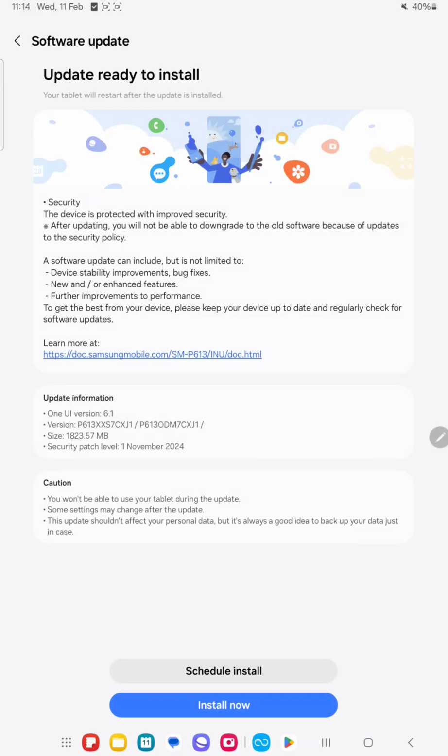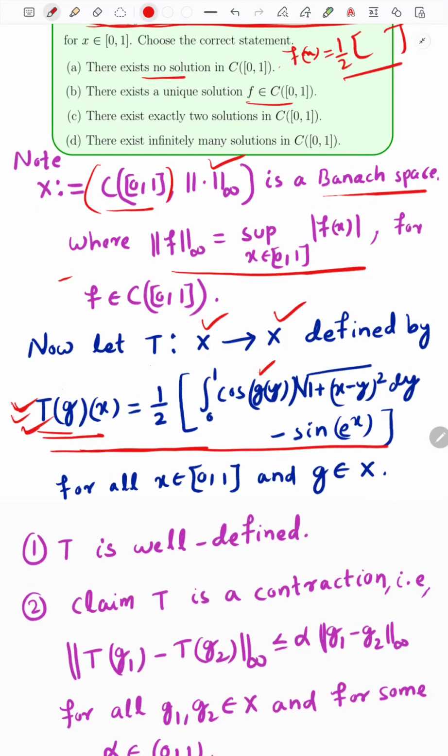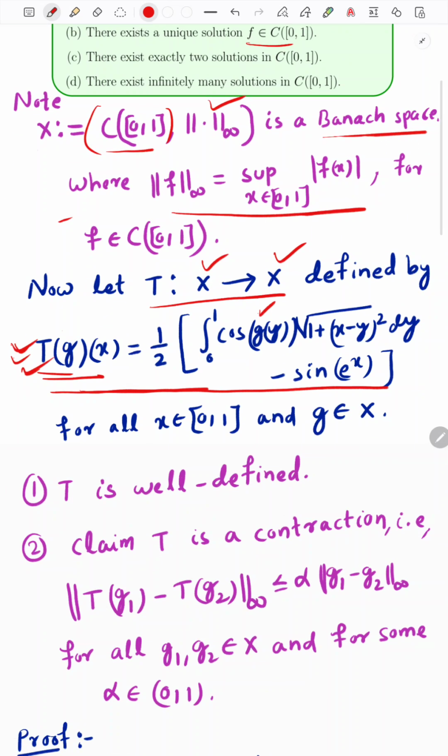And this operator T, mapping from X to X, is a well-defined operator. One can ask how this operator is well defined, means how the image also lies in the continuous function space. First of all, we have to ensure this.